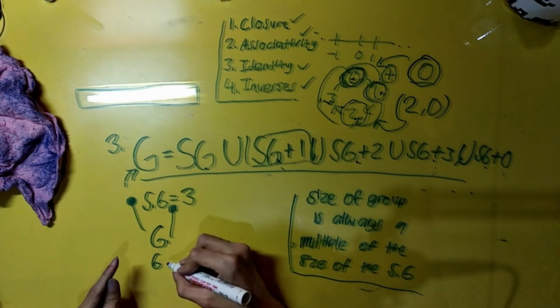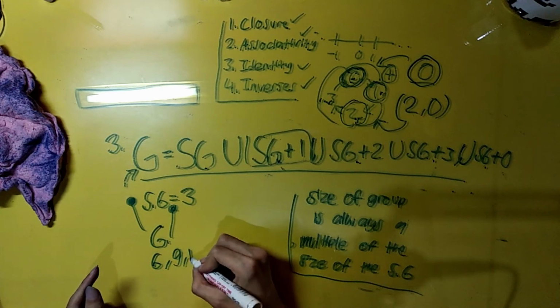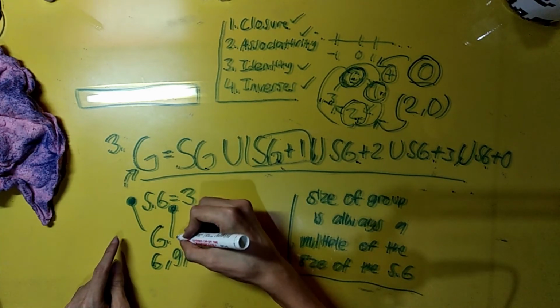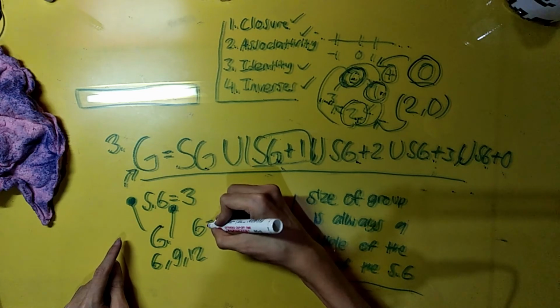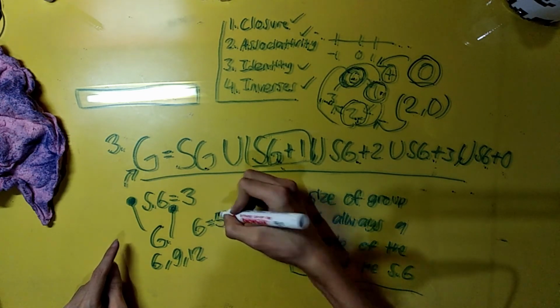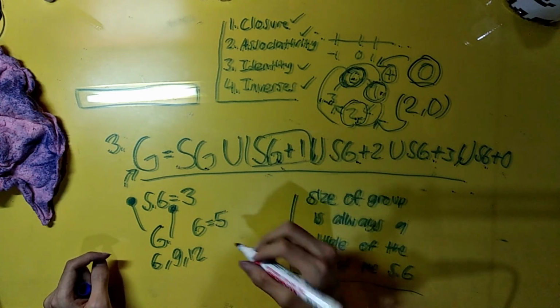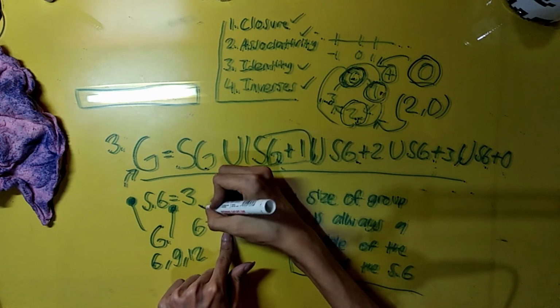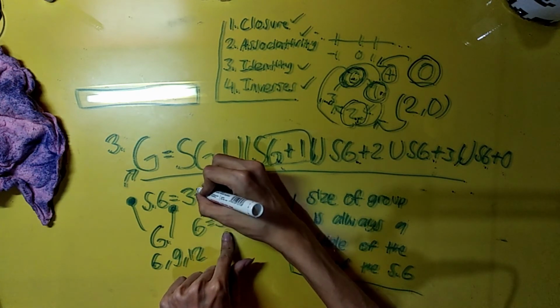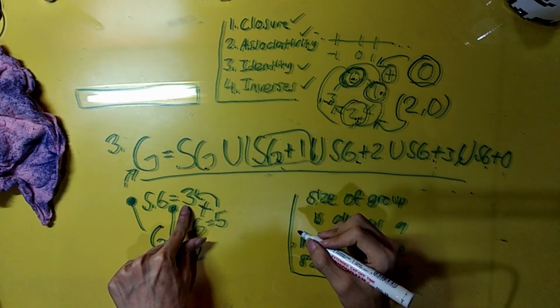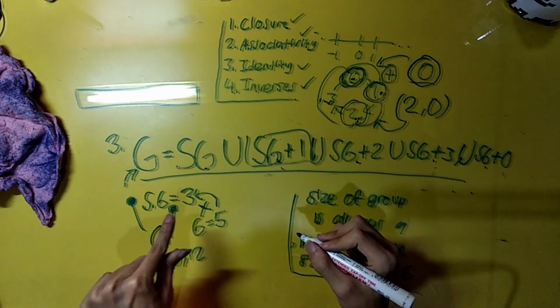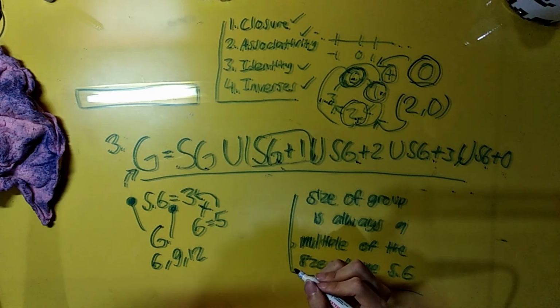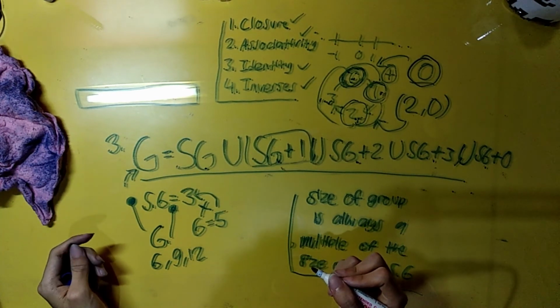It could be 6, it could be 9, it could be 12, but it can't be 5. A group of order 5, order is the size, by the way. So if a group has a size of 5, that means it's impossible for it to have a subgroup that has a size of 3. Right, so that's it, basically.